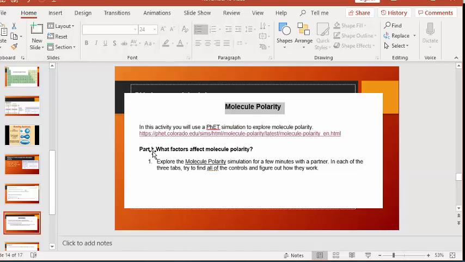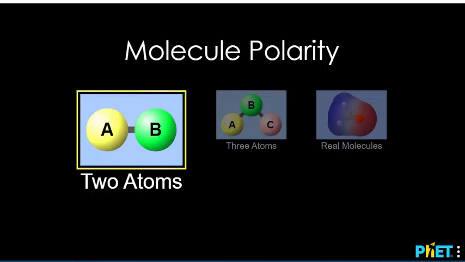So it says here, the first thing you need to do is explore the molecular polarity simulation for a few minutes with a partner. You're not doing it with a partner, you're doing it on your own, okay? In each of the 3 tabs, try to find all the controls and figure out how they work. So let's go ahead and take a look at this. Now, first thing I want to tell you is the real molecules tab does not work, so you only have 2 tabs.